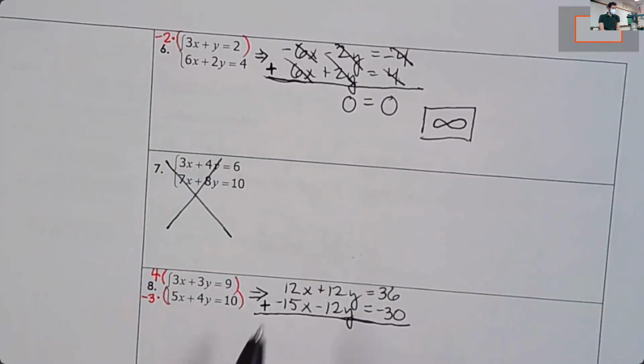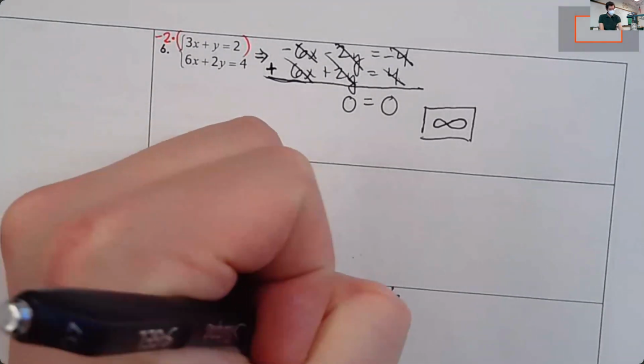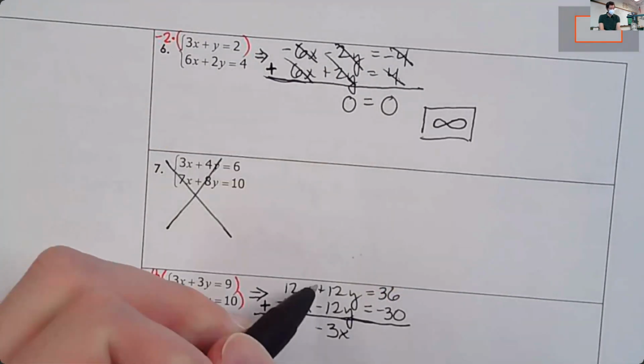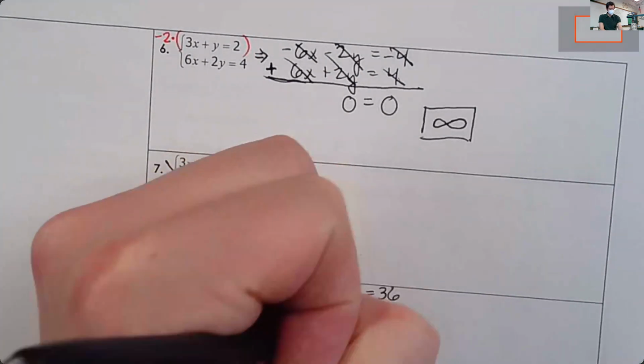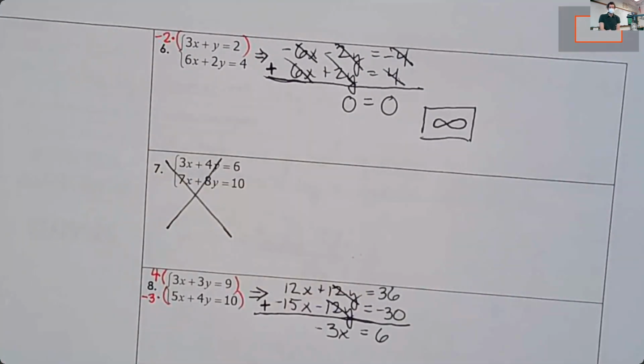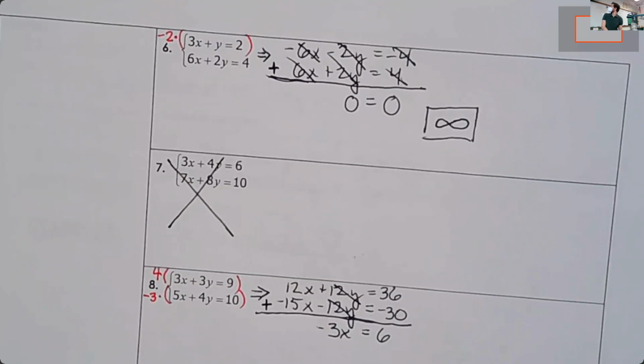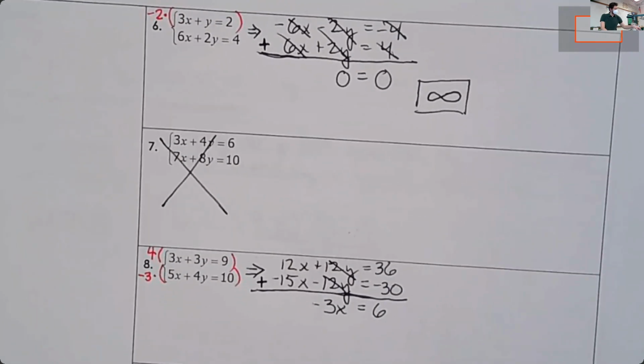And so we're looking at 12x plus -15x, which is -3x. And then +12y, -12y, those are the ones that are going to cancel out. And then 36 plus -30 is 6. So we have -3x equals 6.